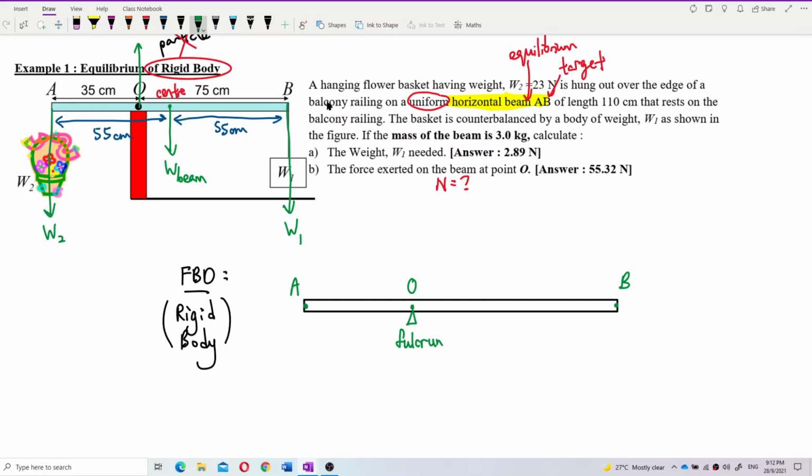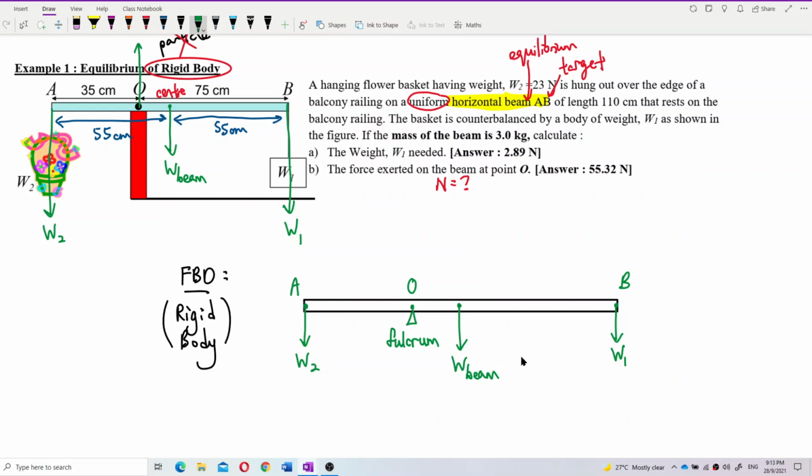The balcony is like a fulcrum supporting the beam. Okay, so draw all the forces on the beam. So just now we have W2, and then the W1 pulling it down over here. We have the weight of the beam at the center. Okay, this is the weight of the beam.